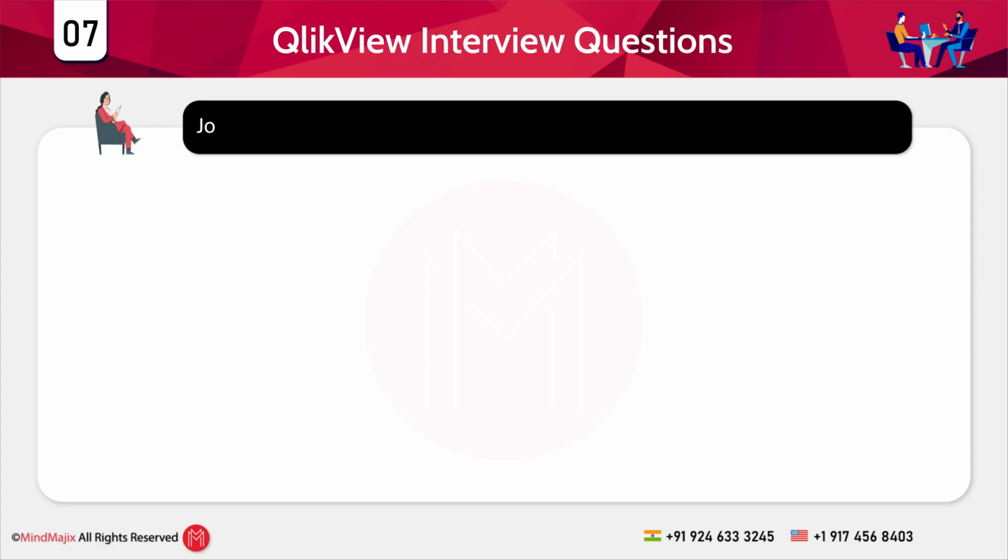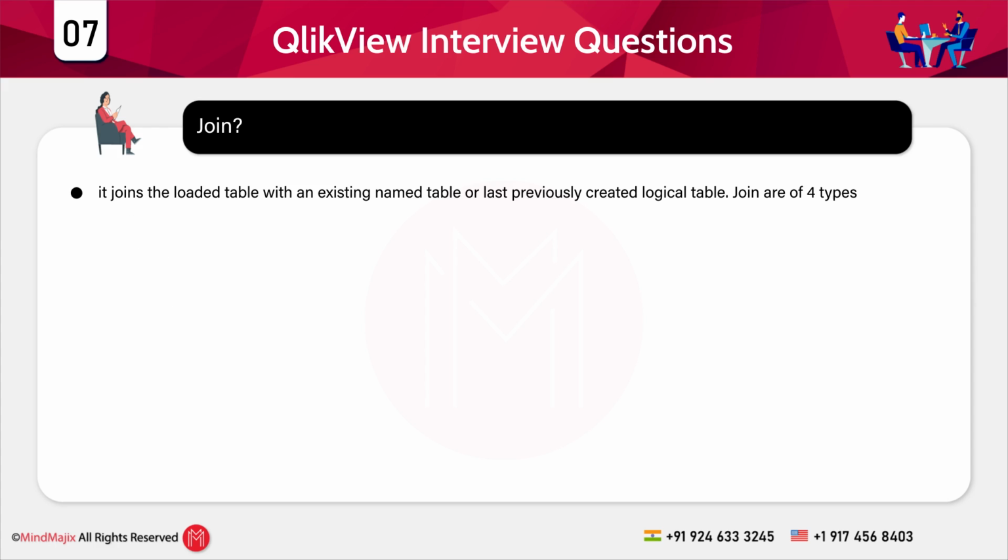Now, what is join versus keep? Join is a process of associating or connecting two tables by means of a common key field. So when you join, the two tables will be merged to form a single table.